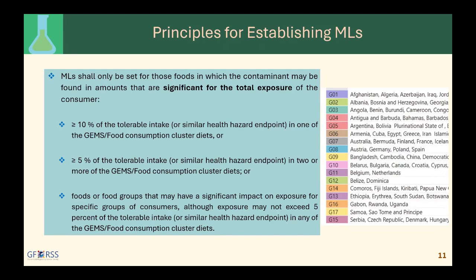Then, if I find that I have two cluster diets and honey is contributing to 5% or more in this total exposure to lead, 5% in this one and 5% in this one, I will say, okay, I will need to set the maximum level for it. Okay, so just to tell you that there is a basis to take the decision when we need to set the maximum level, but it is highly protective. I'm telling you that if contributing to more than 10% in one cluster diet out of 17, I will set the maximum level. Okay, etc.